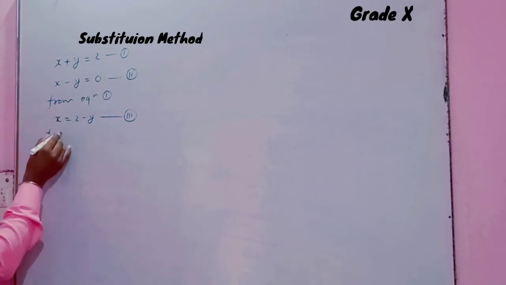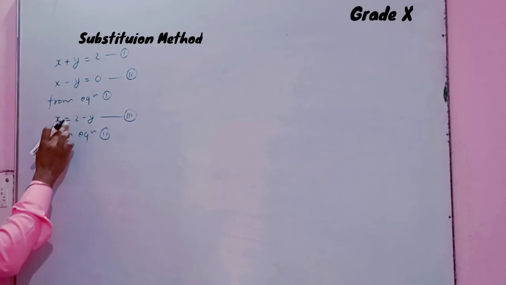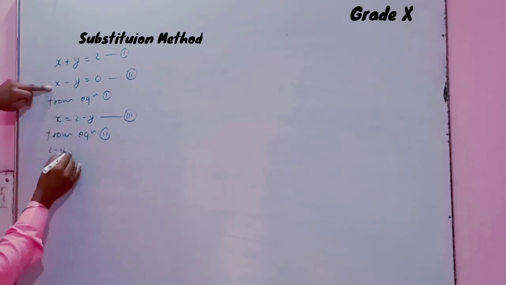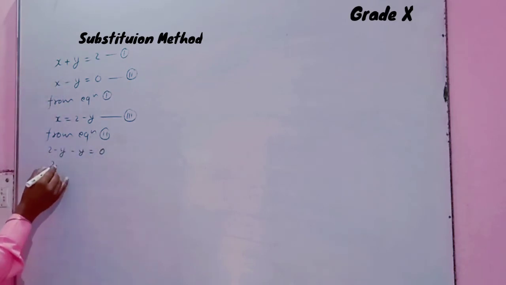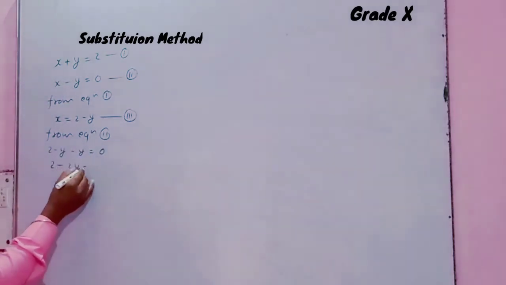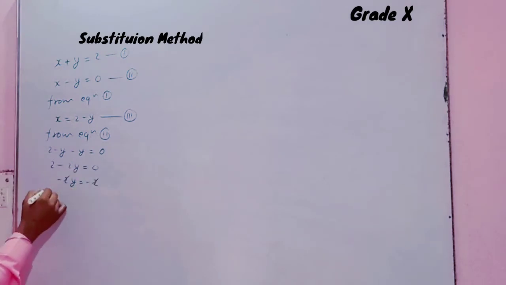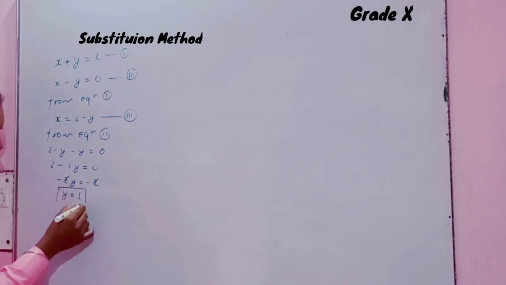it means we need to substitute the value of x equal to 2 minus y in equation second. Then from equation second, we will substitute x as 2 minus y. Then 2 minus y minus y equal to 0. Now 2 minus 2y equal to 0. It means minus 2y equal to minus 2, minus 2 minus 2 cancel out, then y equal to 1.